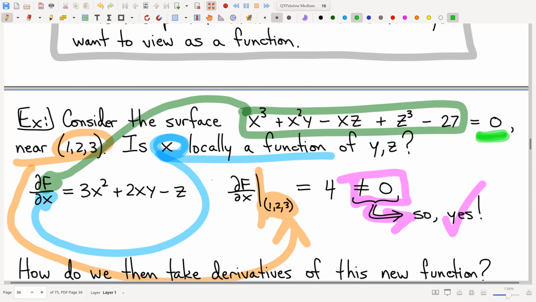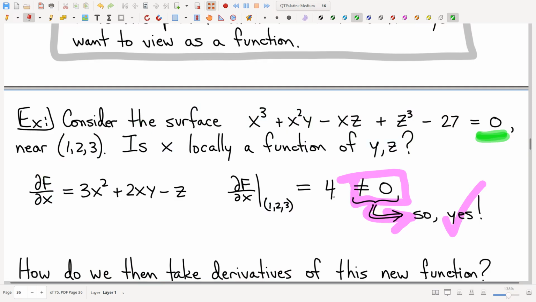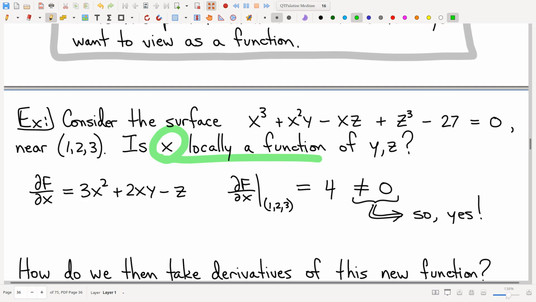Okay, all right. Now that brings up a natural other question. If x is locally a function, and therefore I can talk about its various partial derivatives, how would I compute those partial derivatives?